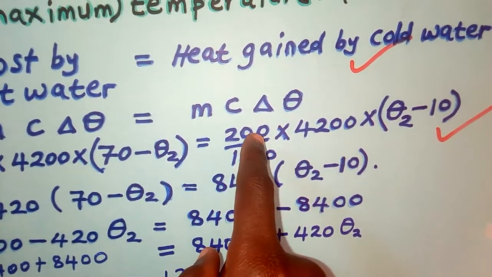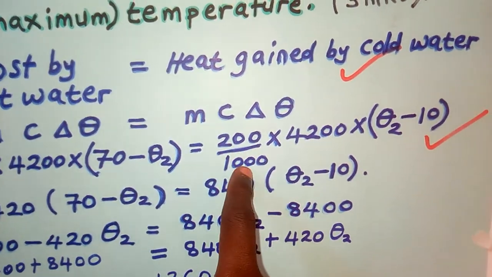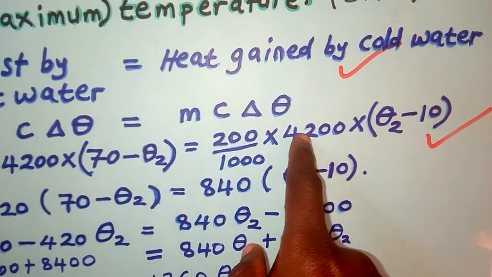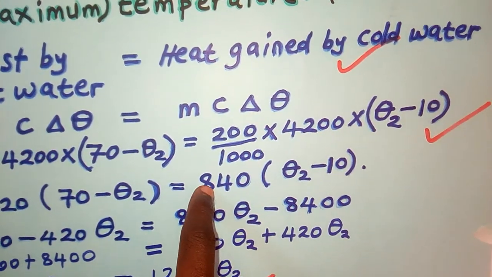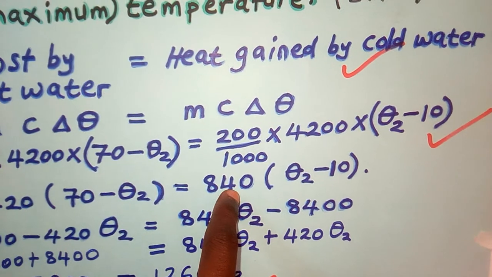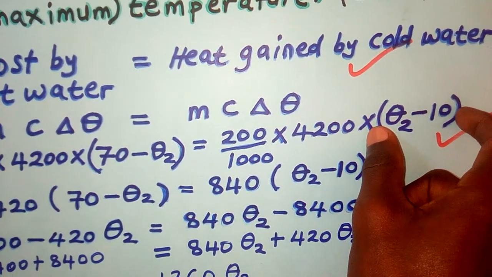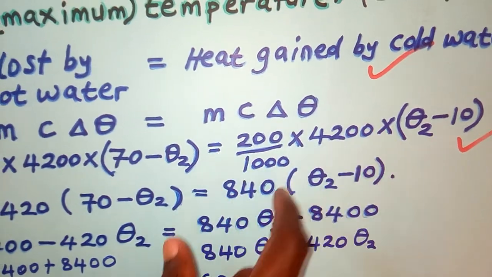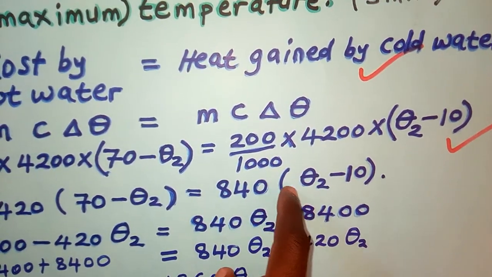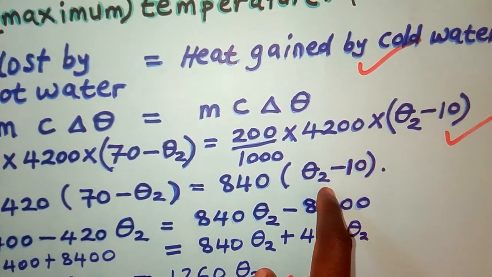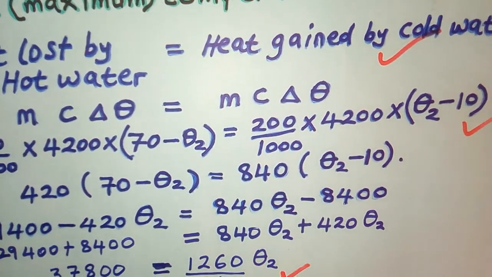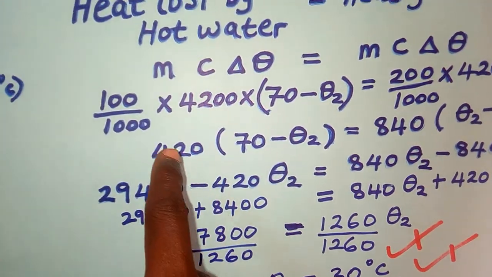Equals 200 divided by 1000, you get the answer times 4200. You get 840, without touching the bracket. So whatever you get out here, which is 840, is multiplied with what is in the bracket. Then now you can open the brackets.